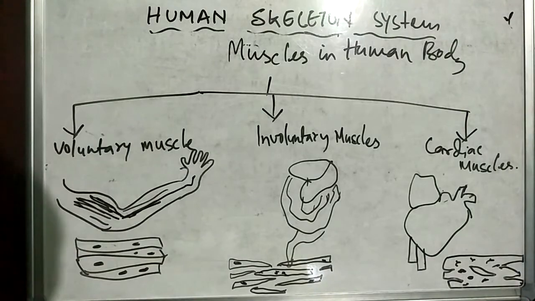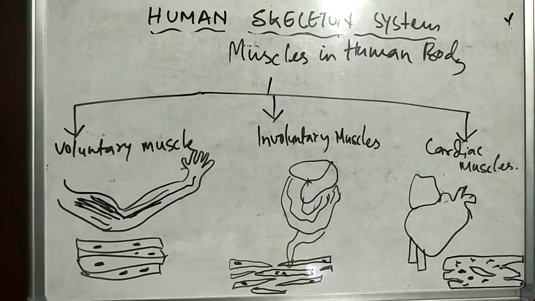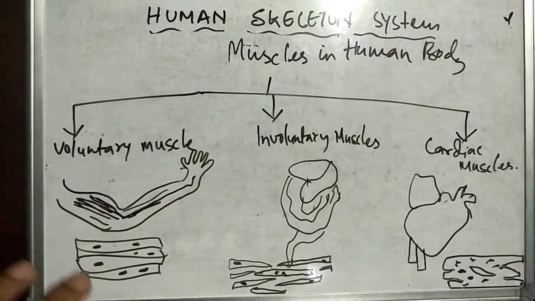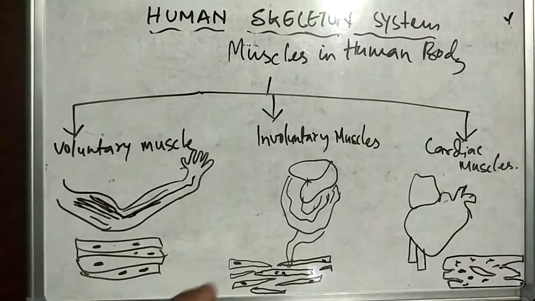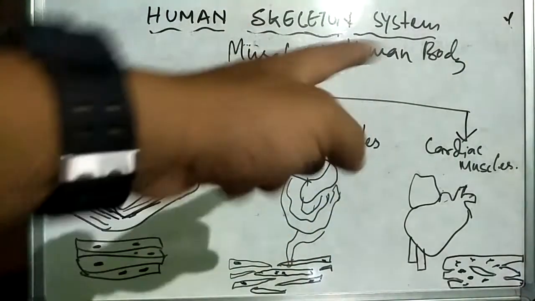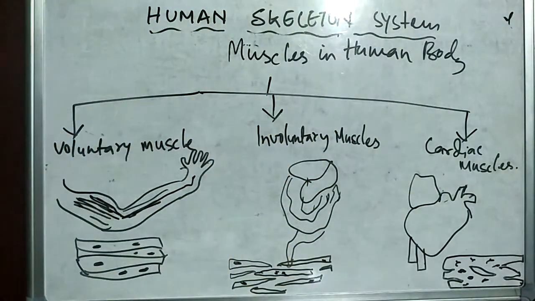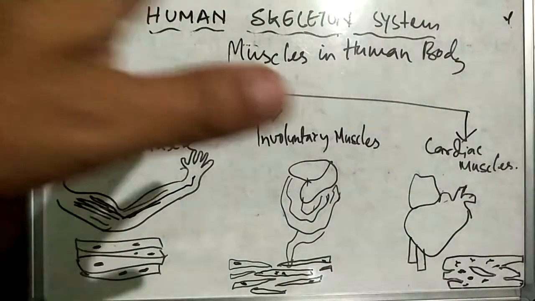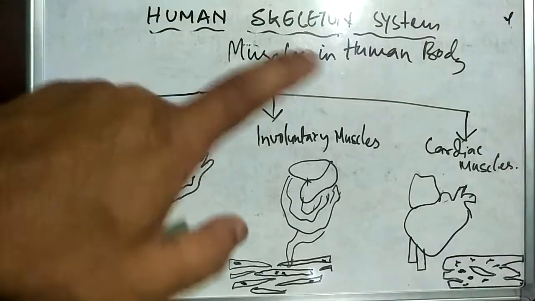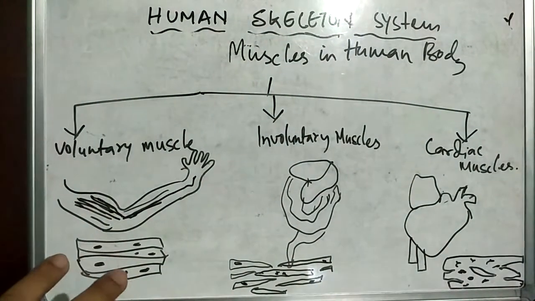Now what is cardiac muscle? Our heart is made up of cardiac muscles. These muscles are not attached to our bones, so that means completely detached. The heart muscle is completely detached from the skeletal muscles. It is not attached with the skeletal bones, so that's why it is called cardiac muscle.